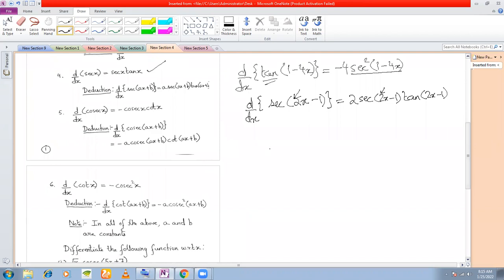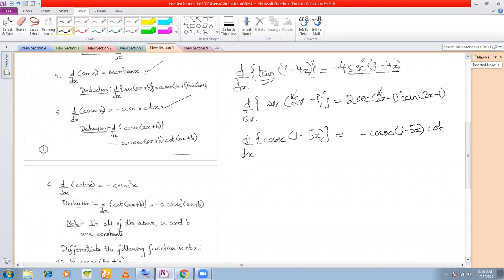Next, d/dx of cosec x is minus cosec x cot x, this result. Okay, if I want to differentiate d/dx of cosec(1 - 5x), how am I going to differentiate this? First of all, I'll differentiate cosec, write it as minus cosec(1 - 5x) into cot(1 - 5x).